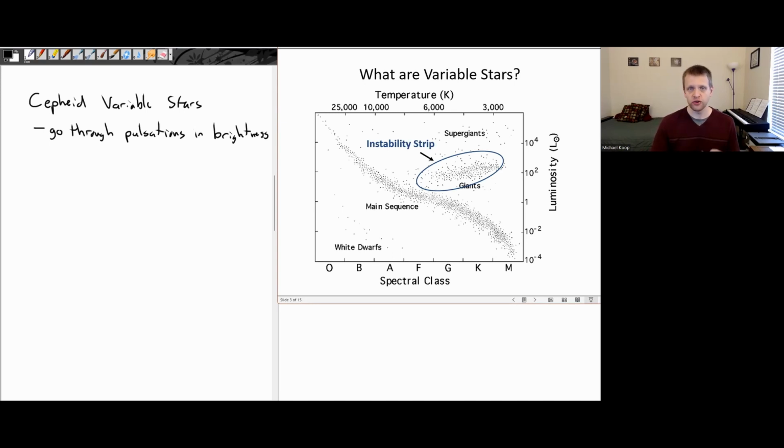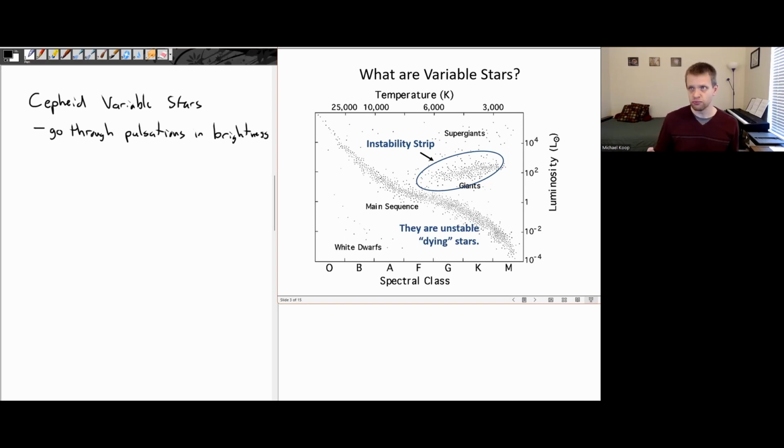Remember, when we were talking about the properties of stars, the main sequence stars are in gravitational equilibrium. These giants, and especially the kinds of stars that we're going to be looking at, are not in gravitational equilibrium. They're literally going through these pulsations, significantly changing their luminosity and therefore their brightness. So these are a class of unstable or dying stars.